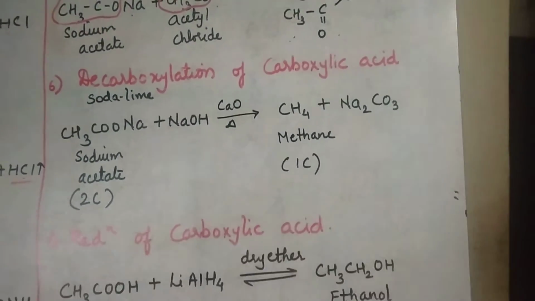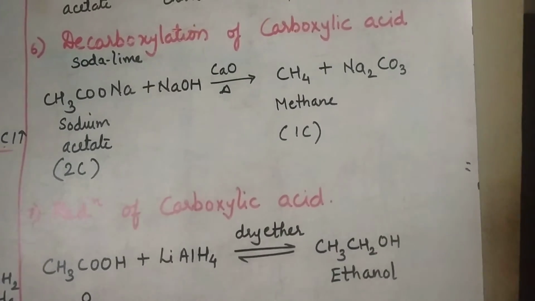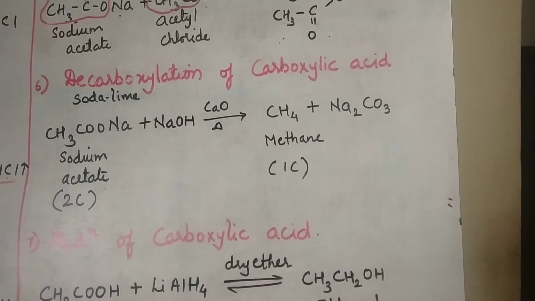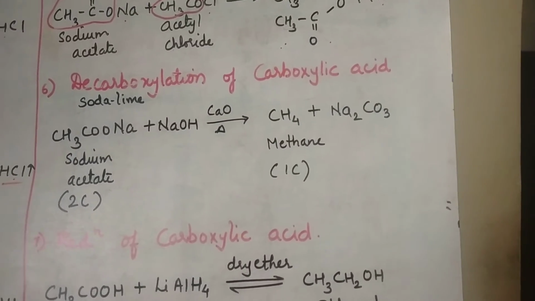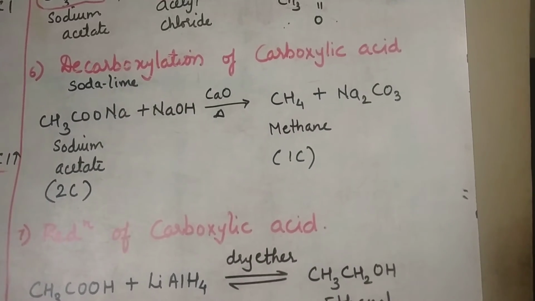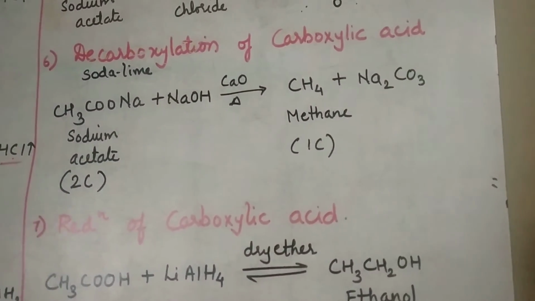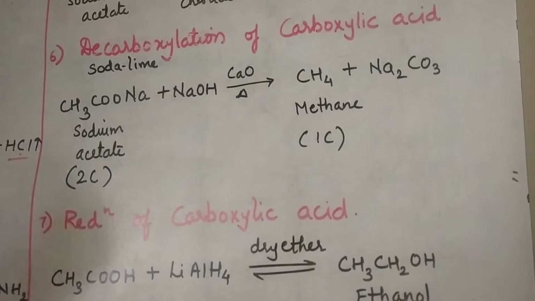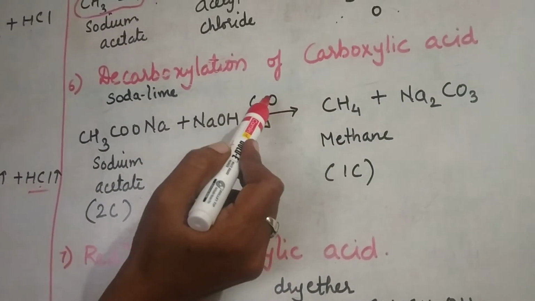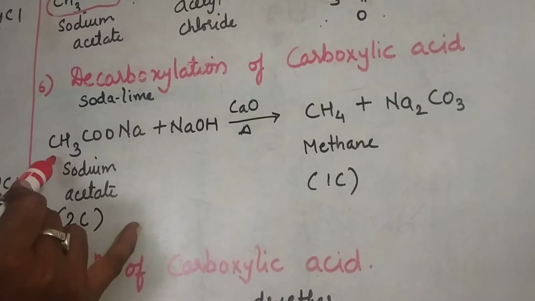Next reaction is decarboxylation of carboxylic acid. Decarboxylation is removal of CO2 from the substrate molecule. In the book the heading is given as decarboxylation of carboxylic acid, but the reaction is shown of the sodium salt of carboxylic acid.